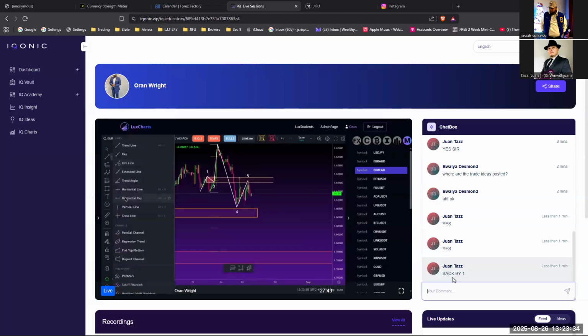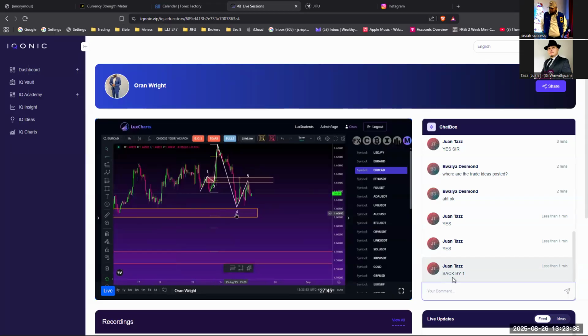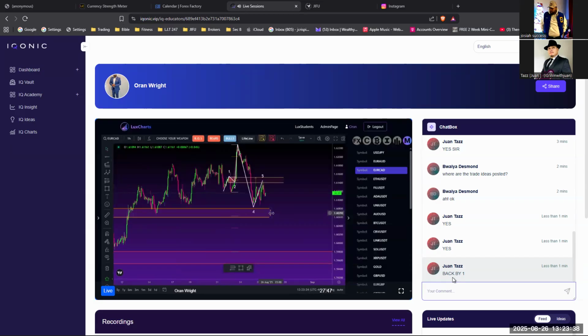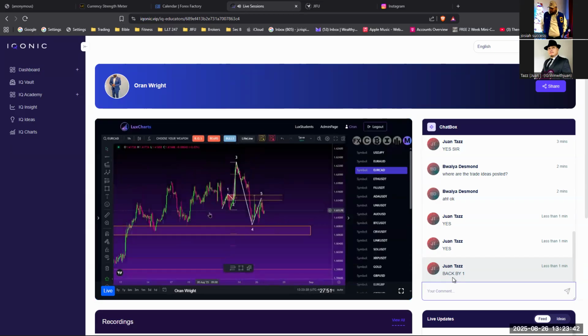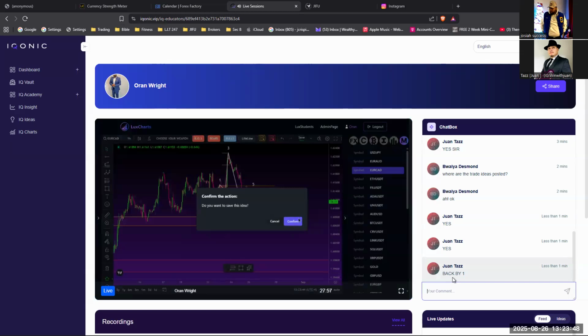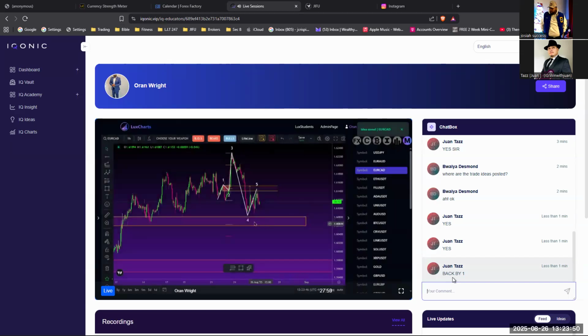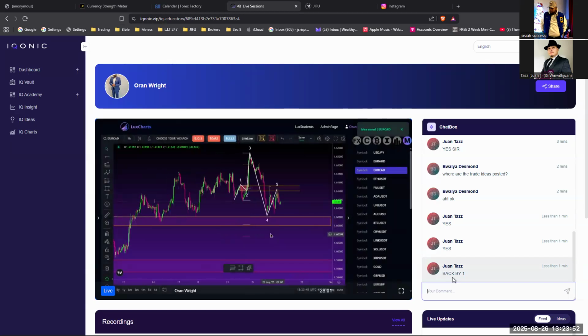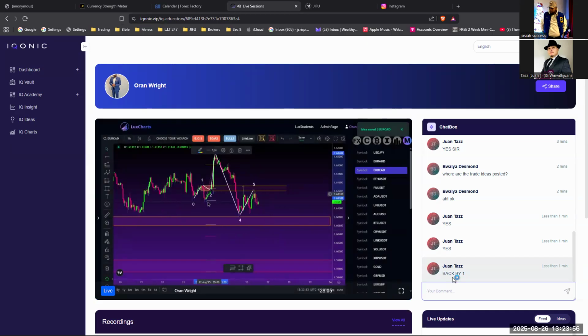So on EuroCAD, we do have, like I said, a target here. Let me go ahead and resave this. Now, if this market does break structure around the zone, let me adjust my targets.